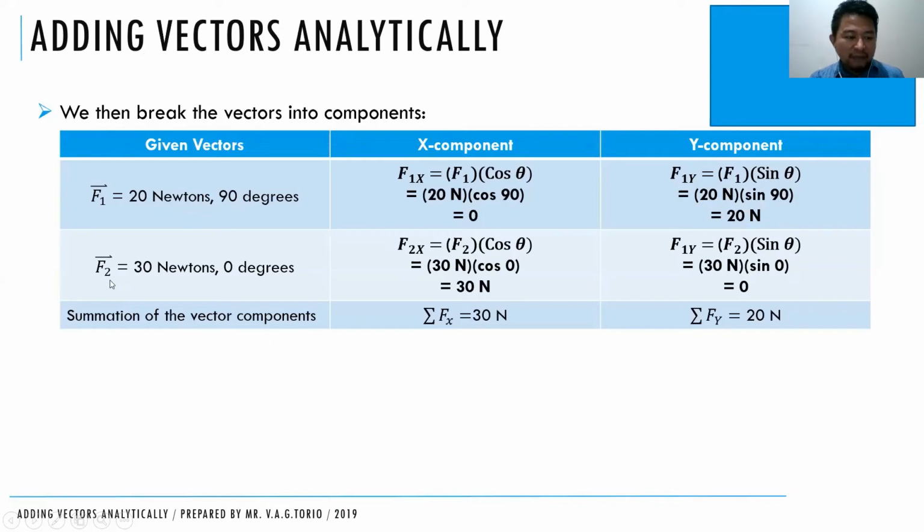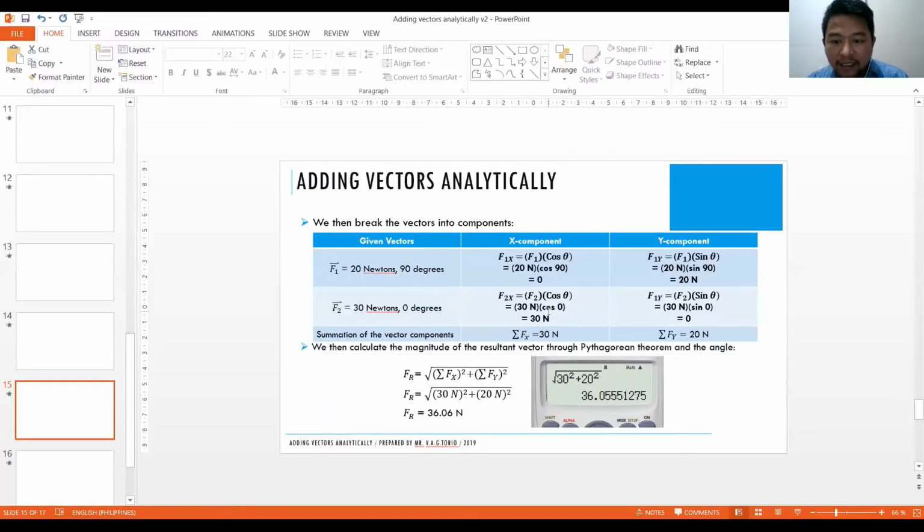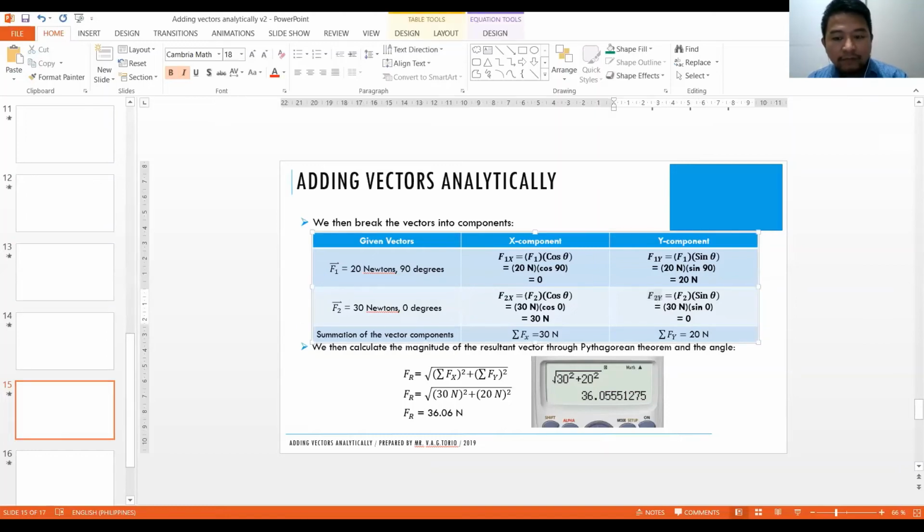We do the same with F sub 2. Substituting the values, we get 30 newtons times cosine 0. Cosine 0 is 1, 1 times 30 is 30. That's why we get 30 newtons here. And we do the same for the y component. Oh, sorry, this should be F sub 2y.